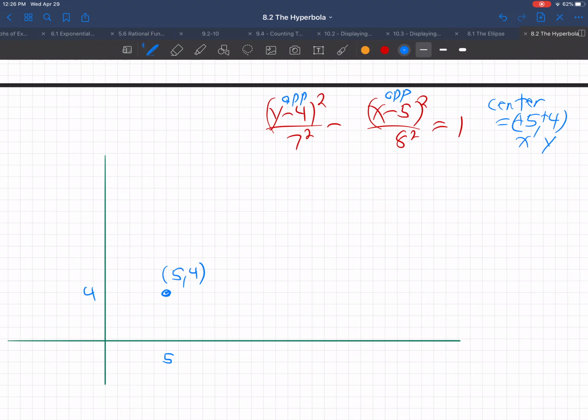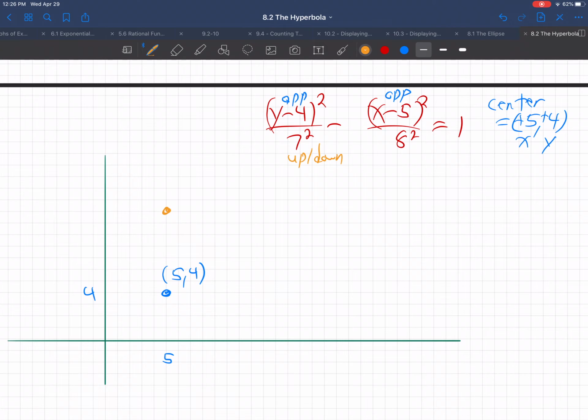And now from there, we've got to put in the dotted box. For the box, whatever's underneath y is up, down. So I'm going to go up 7: 1, 2, 3, 4, 5, 6, 7, right to that spot.